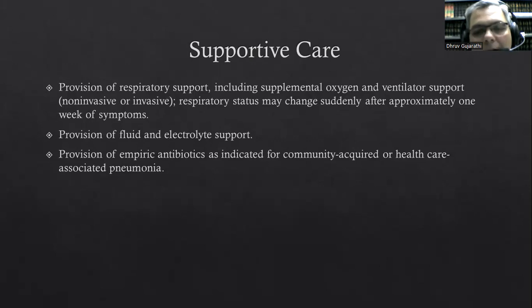The second part is provision of fluids, electrolytes and energy, that is through glucose or sugars, which might be given orally or by parenteral route. And provision of empiric antibiotics as indicated for community acquired or healthcare associated pneumonia.